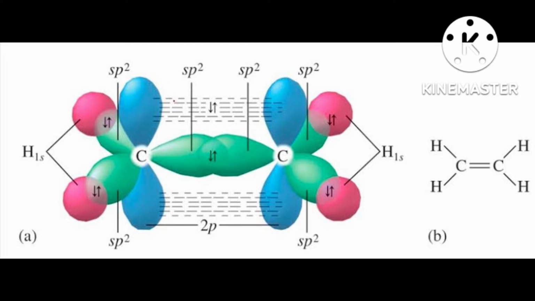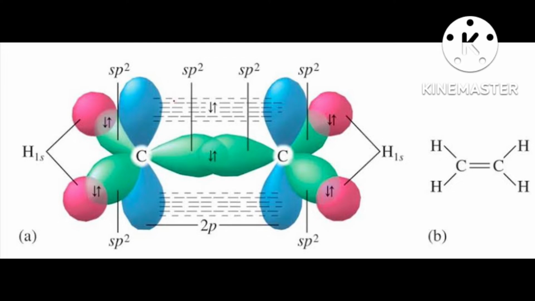Therefore, the direction of the 4th CH bond cannot be ascertained. It cannot be found out.